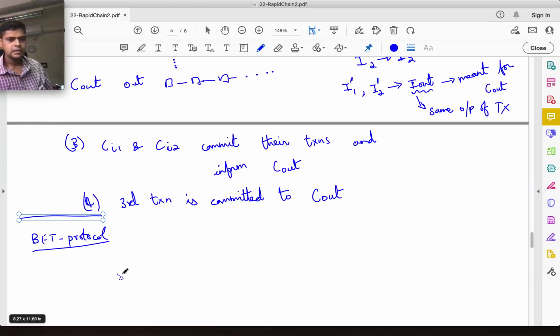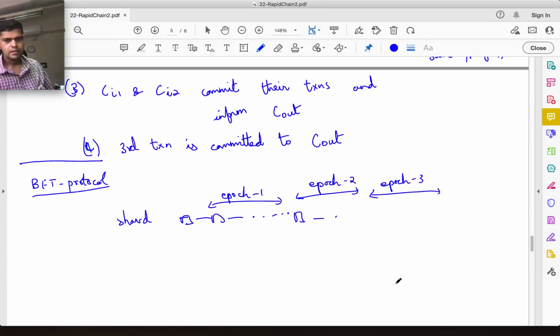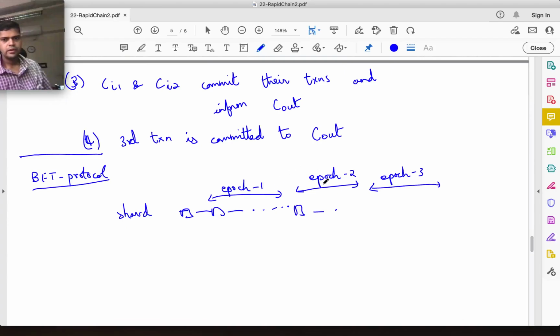So we're looking at a single shard, and the various epochs, right, and the committee changes from one epoch to the next.